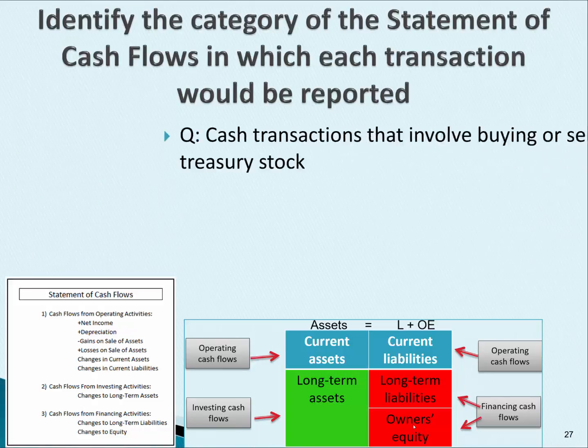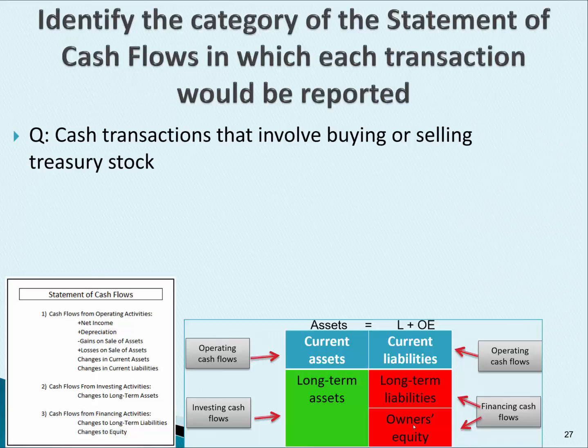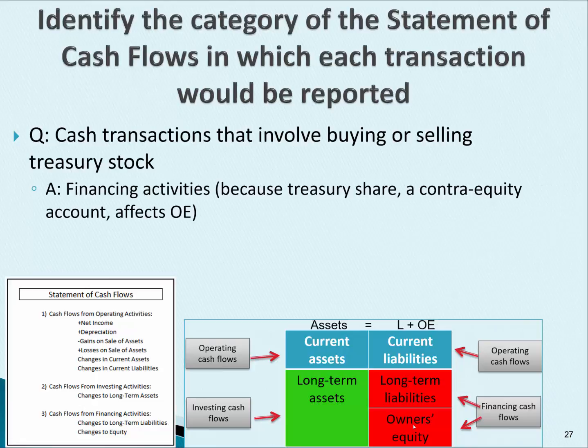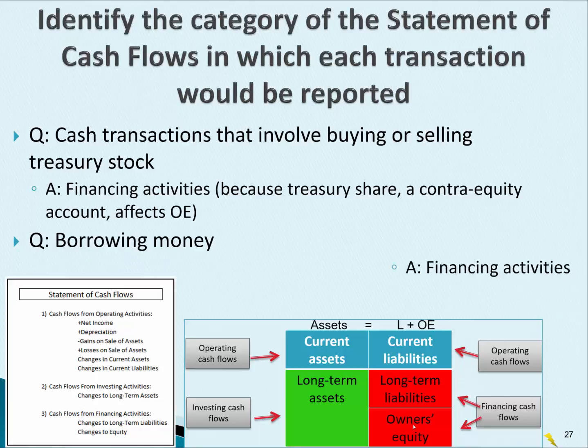How about cash transactions that involve buying or selling treasury stock? Remember, treasury stock is an owner's equity account, so that goes in the financing section. How about borrowing money? If it's a long-term liability, that's going to go into the financing section.